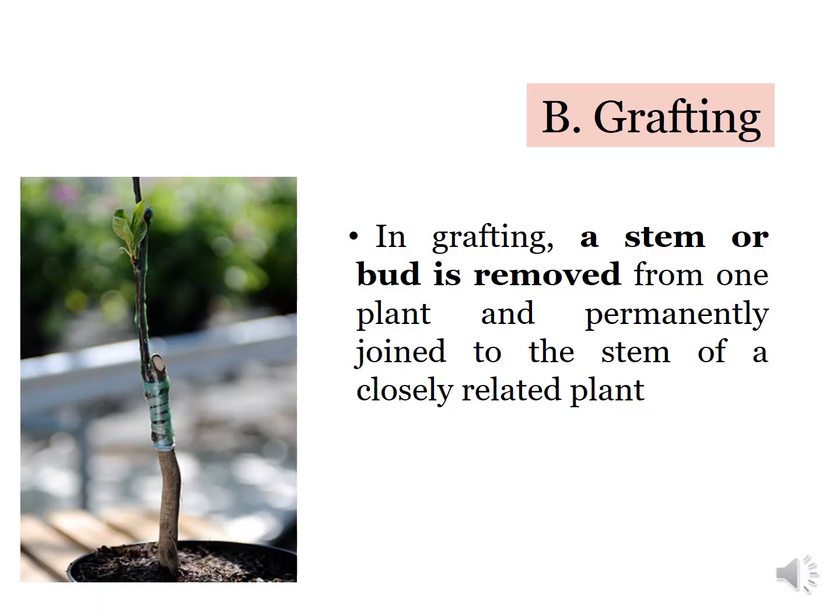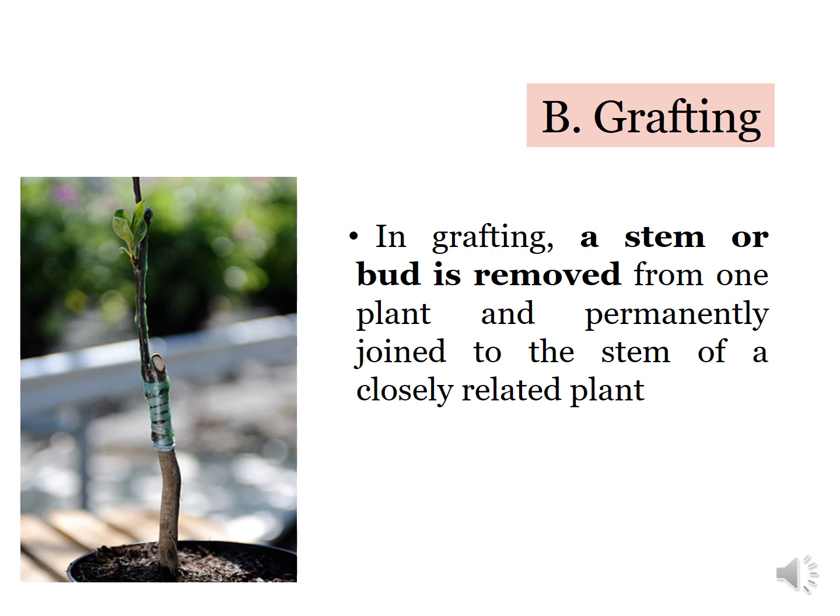Second example of artificial vegetative propagation is grafting. This method involves the stem or bud of the plant. In grafting, a stem or bud is removed from one plant and then permanently joined to another stem of a different plant.